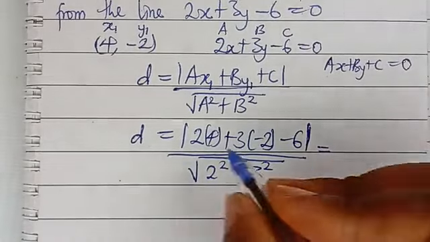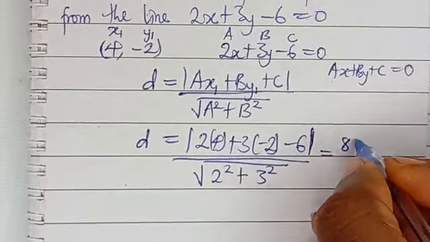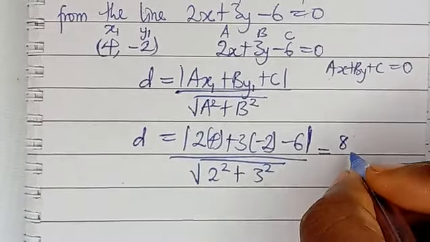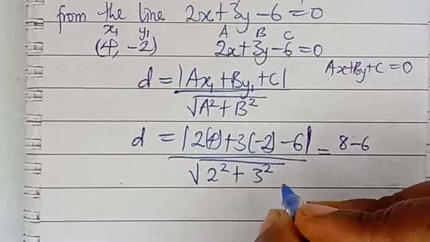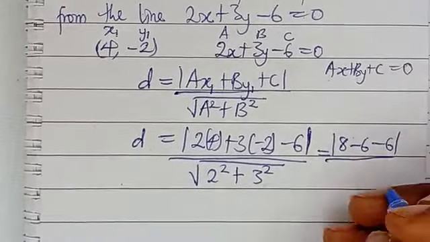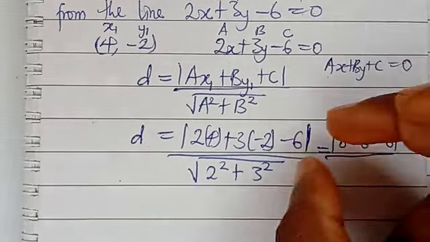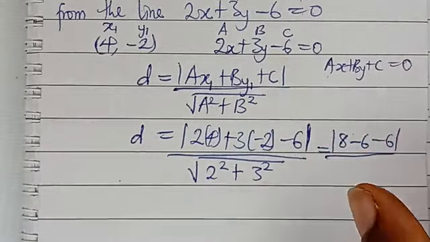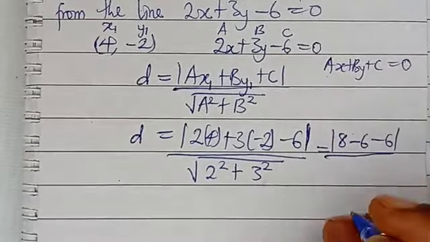Now we have 2 times 4 is 8. 3 times -2 is -6. And then minus 6. We still write the absolute value sign because the negative doesn't matter anymore when we are done with this sum.